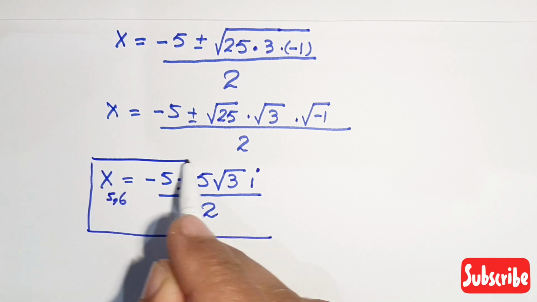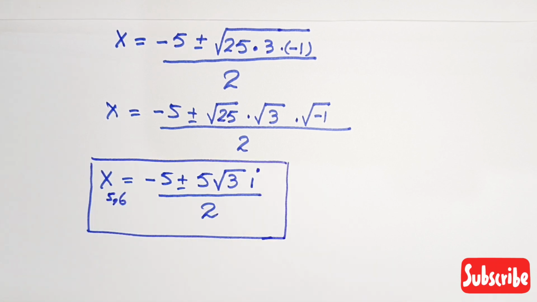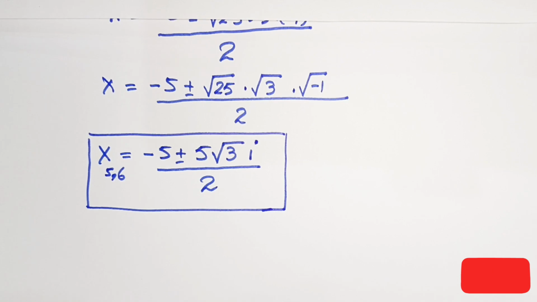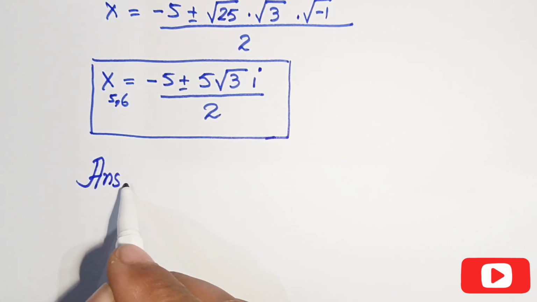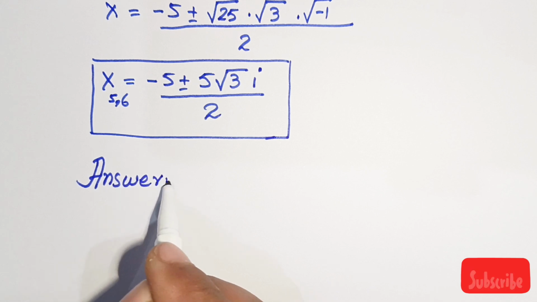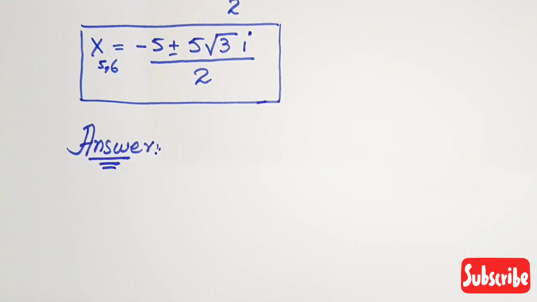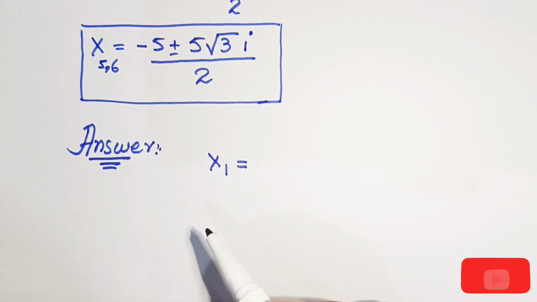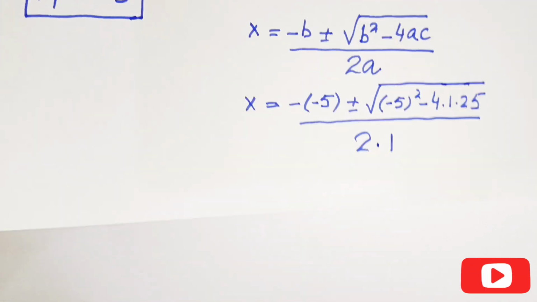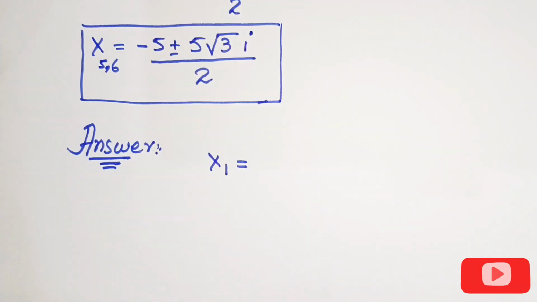So now we are going to write all our solutions of x, that is our answer. We have 6 values of x. x1 is equal to minus 5.